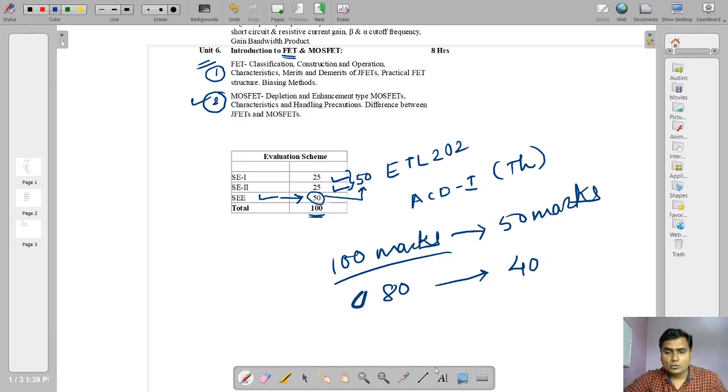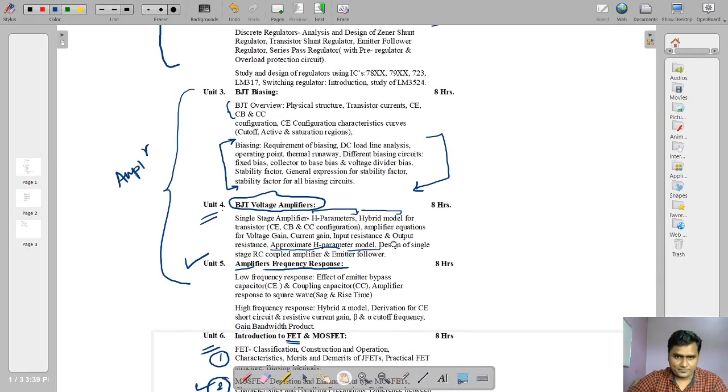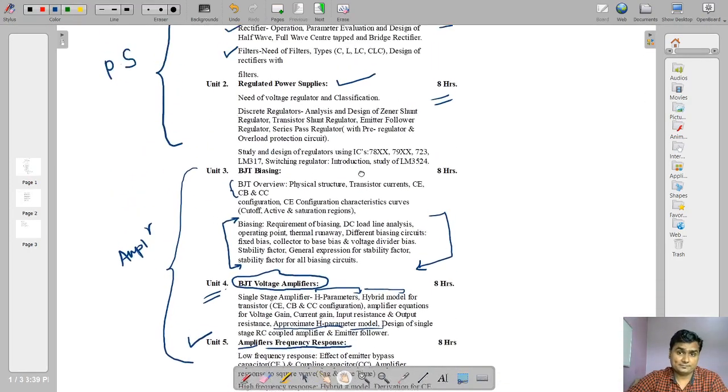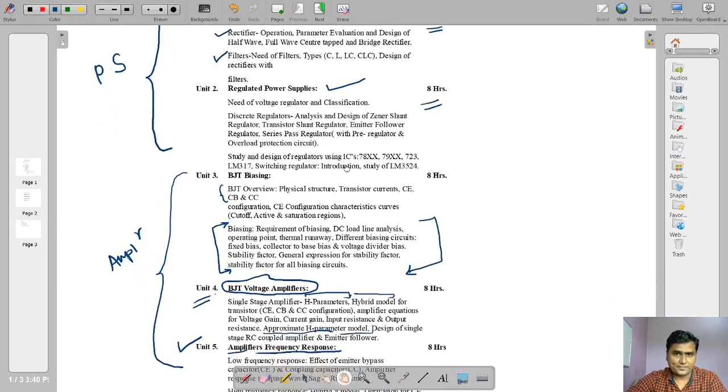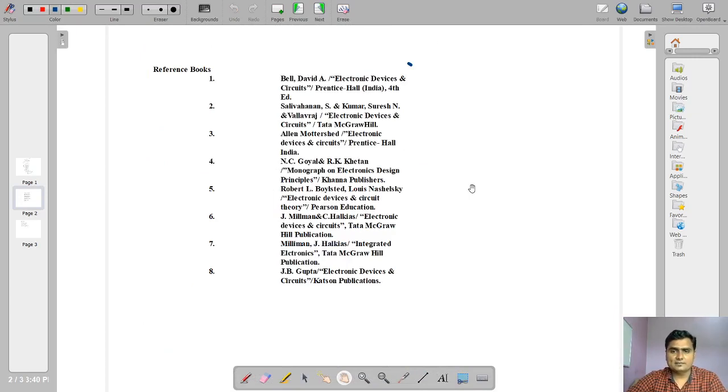Now for this whole syllabus, that is for 6 chapters, which books you need to refer to is the next part. Look at this, I have a list of books. The first book that I'm telling you to refer to is Electronic Devices and Circuits.